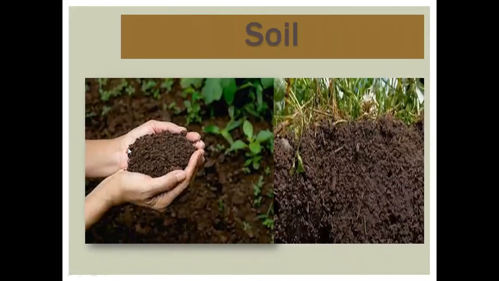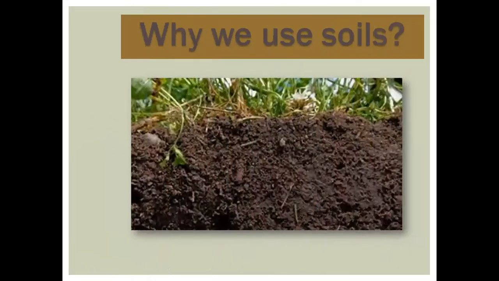In this class, we are going to see different types of soils. So what is soil? Soil is a muddy material that is used to grow different plants, and from the soil, plants get nutrients and they grow. Why do we use soils? We use soil for the plants to take nutrients, and they help the plant to grow.